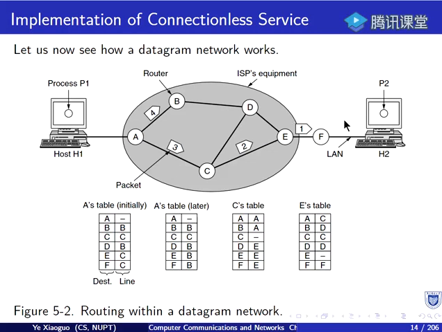From this figure, we know packets 1, 2, 3 are all carried along this path A, C, E, F. But later, the routing table changed. So the fourth packet, packet 4, is delivered to B, carried along another path, because they are independent of each other.